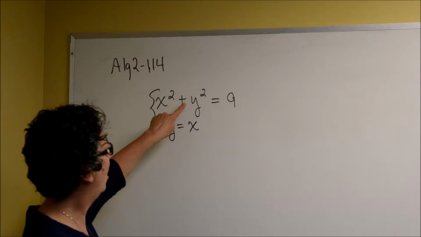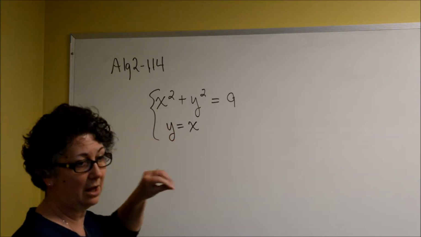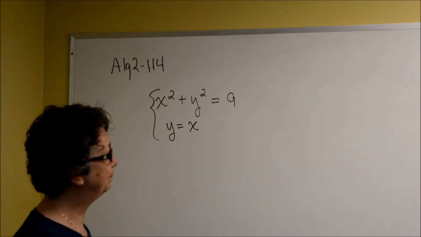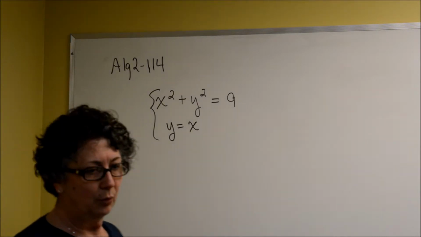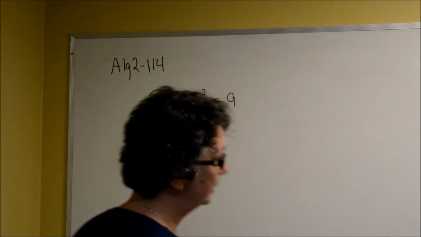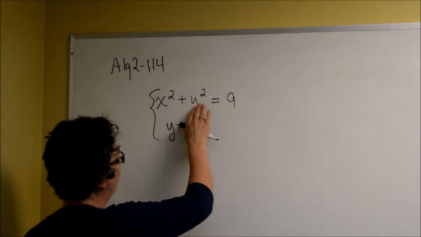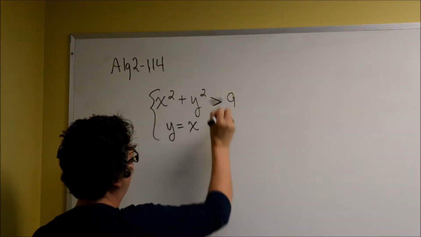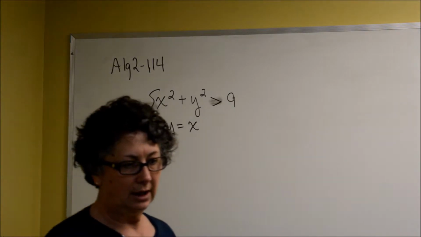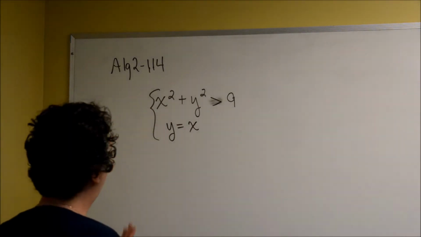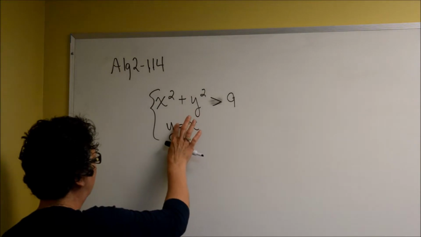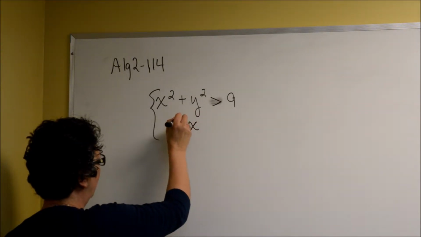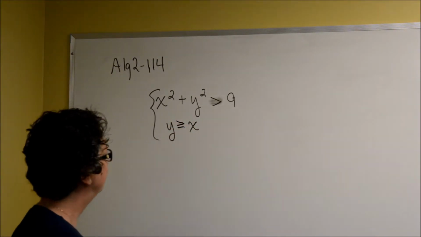The point on the circle and the point on the line that was the same. But we now have an inequality. So instead of x squared plus y squared equaling 9, x squared plus y squared is greater than 9. And instead of y only being equal to x, y is greater than or equal to x.